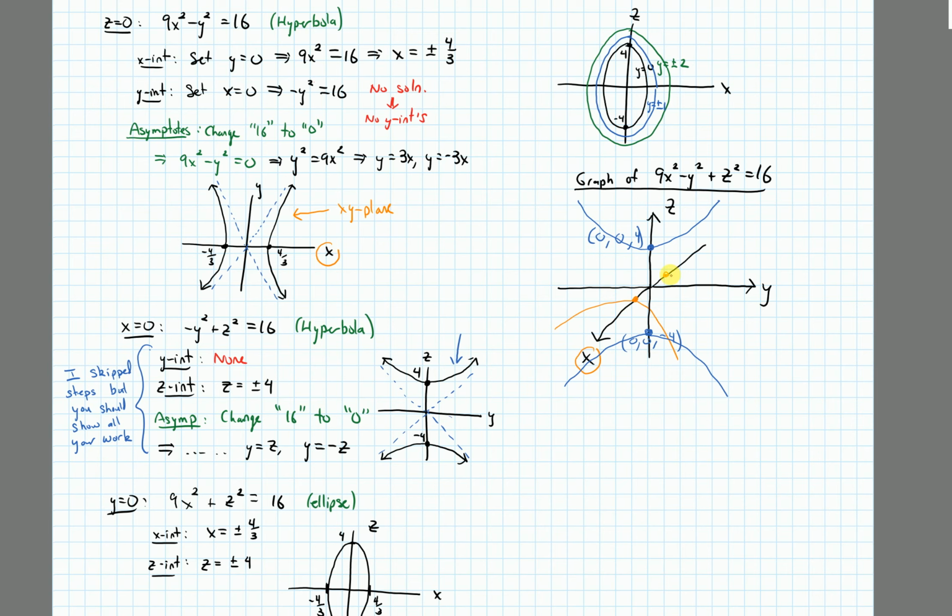And on the negative side, I'll draw it with a dash line, because I wouldn't be able to see that when we look at this whole 3D shape. A dash line going this way too. That's my hyperbola going that way. So hopefully we can visualize that these orange hyperbola shapes that I drew are on the flat xy plane, whereas the blue hyperbola I drew is in the yz plane.